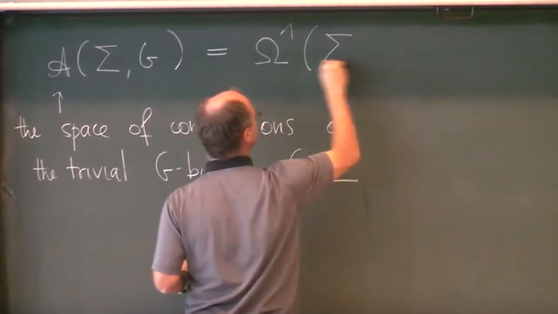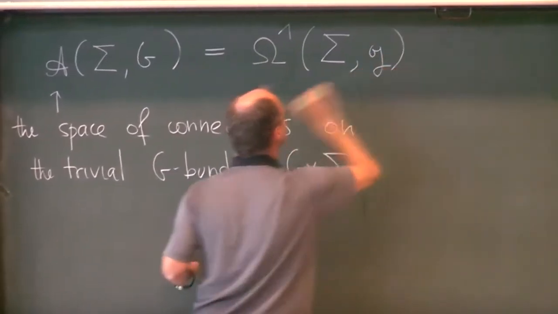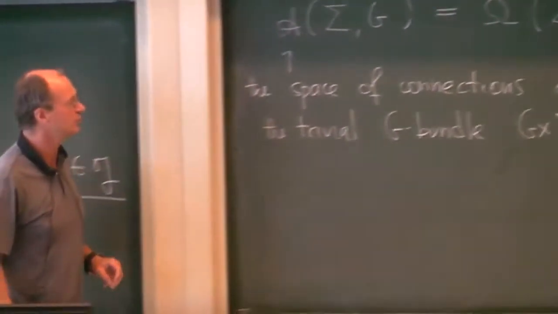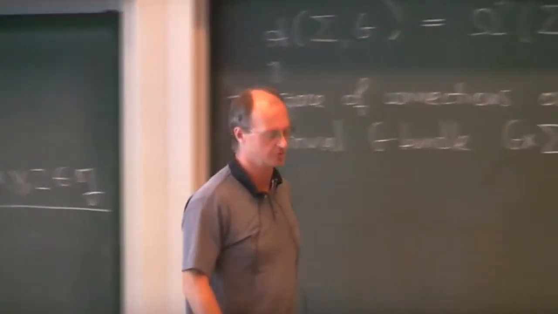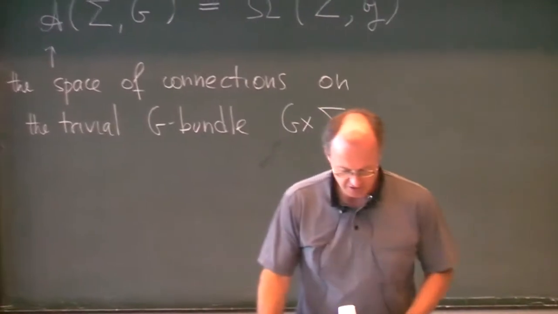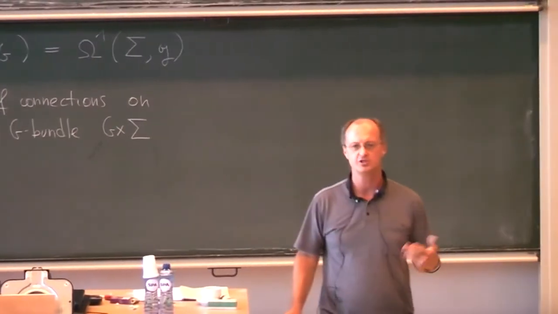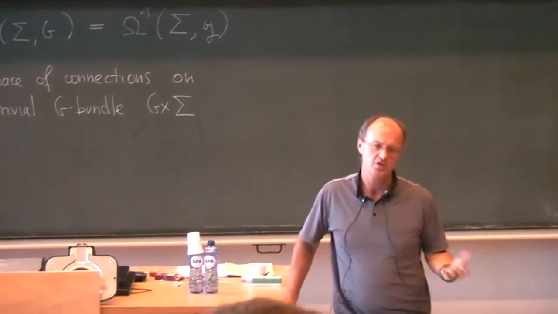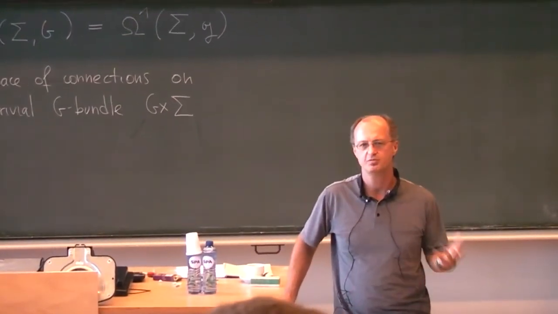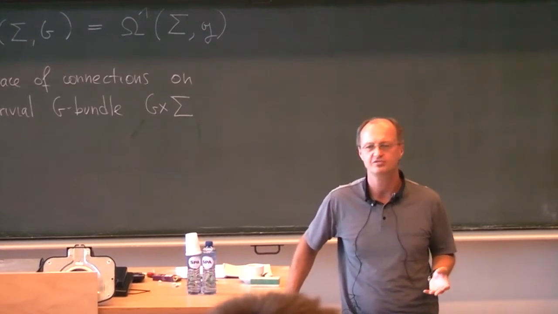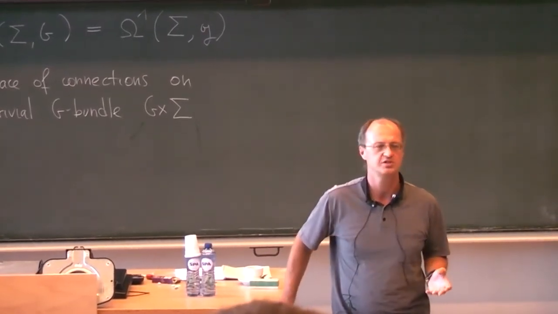So this is simply defined as a space of 1 forms with values in the Lie algebra. Well, I should say that here, in principle, we start working with infinite dimensional objects, and properly speaking, one should introduce some topology or maybe prescribe some Sobolev classes where all those objects live.